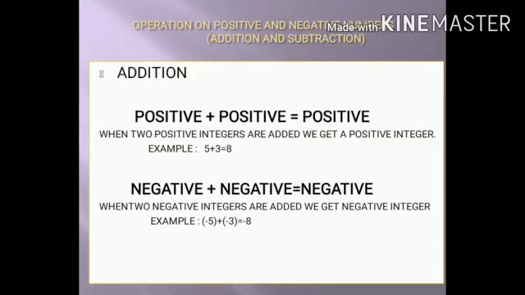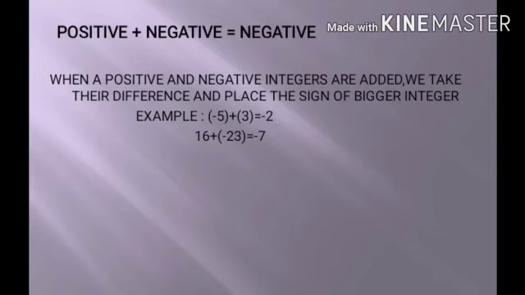Therefore, operation on positive and negative integers under addition: if you are adding two positive integers, we will get the result as positive. If you are adding two negative integers, we will get the result as negative. Then if you are adding one positive and one negative integer, what will we get?